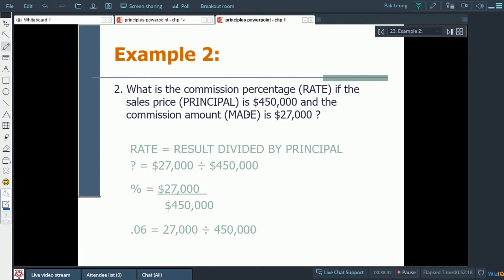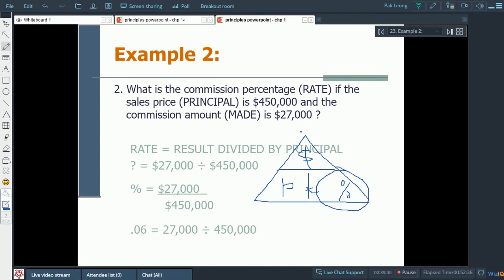Example number 2. What are they asking? What is the commission percentage? What is the rate? If the principal is 450,000 and you make 27. So let's look at the triangle again. You have your money, you have your principal, and then the rate. You want to find the rate.